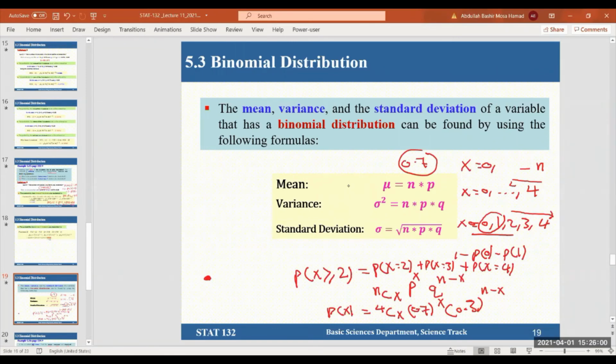Then instead of x, we put 3, we get a value, and we add this value. Then we move to put 4: 4C4, 0.7 power 4, 0.3 power 4 minus 4, which is 0. We get a value and add these values together. This gives the probability of x greater than or equal to 2.